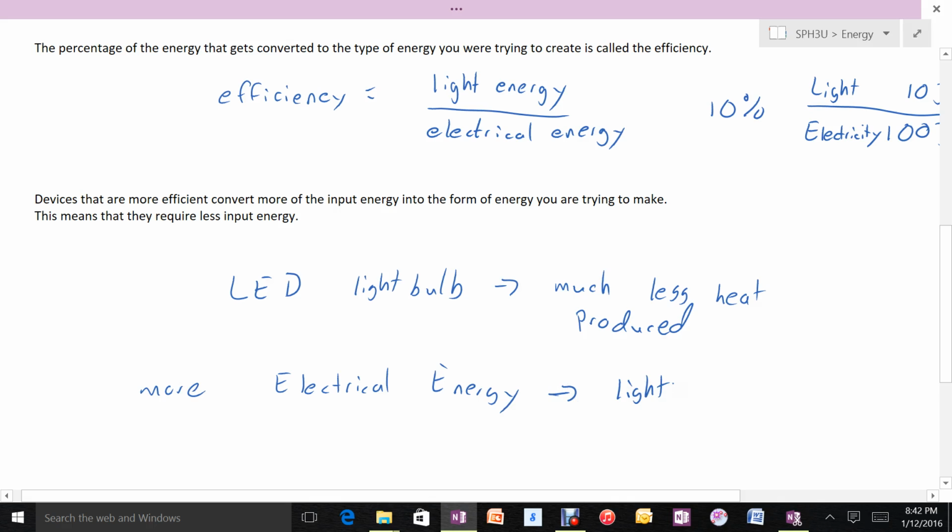Now, in a room, let's say that used to have a 100-watt incandescent light bulb in it, there's no reason that you need more light just because you're using an LED bulb. So let's just play around with the numbers that we've said. Let's say an LED light bulb, because it doesn't produce the heat, is actually 50% efficient in comparison to 10%.